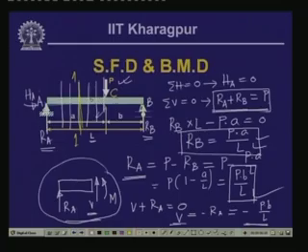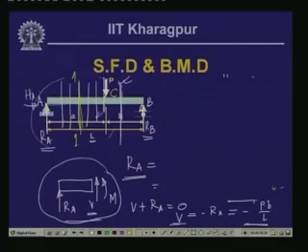Now, if we like to find out the shear force just after this particular load, that means, if we take a section somewhere here and cut the beam and take the free body of the left part, then what do we get? Now, let us calculate that. Let us take the free body of this particular part.